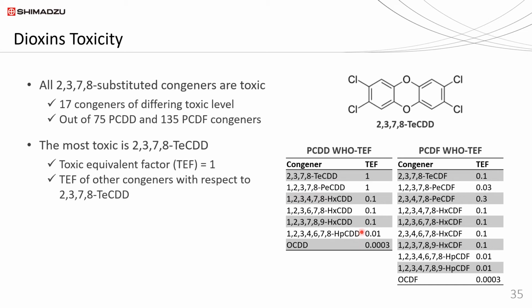WHO has designated a toxic equivalent scheme called the Toxic Equivalent Factor, TEF. 2378 TCDD was designated to have a TEF of 1. The TEF values of the remaining dioxins are hence relative to 2378 TCDD. This means that OCDD, which has a TEF value of 0.0003, is likely to be less toxic than 2378 TCDD.